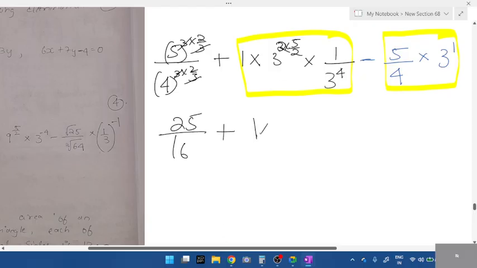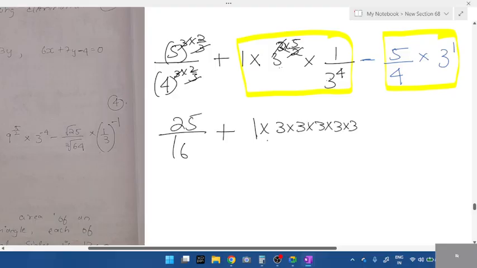Look here. 1 into... what is 5? Sorry, 3 to the power of how much? 3 to the power of 5 is given, and here we have 3 to the power of 4. This becomes tough to calculate. I'll tell you one thing. Whenever the base is the same, 3 and 3 here, I'll tell you how many times 3 is multiplied.